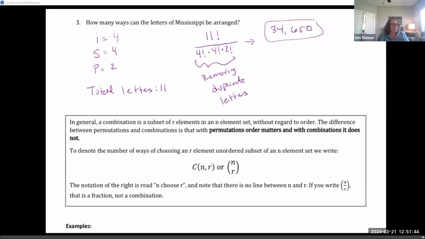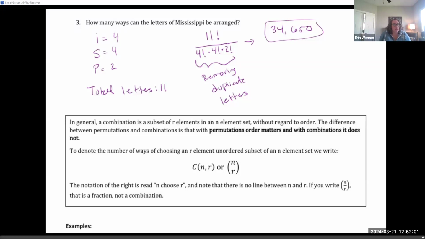And so what does that look like? In general, a combination is a subset of R elements in an N element set without regard to order. The difference between permutations and combinations is that in permutations order matters, and in combinations it does not.